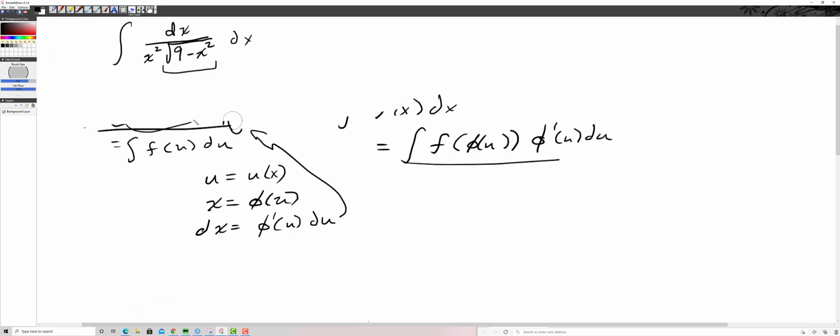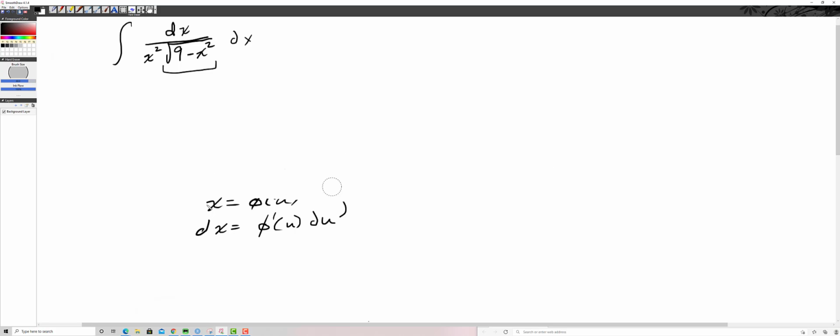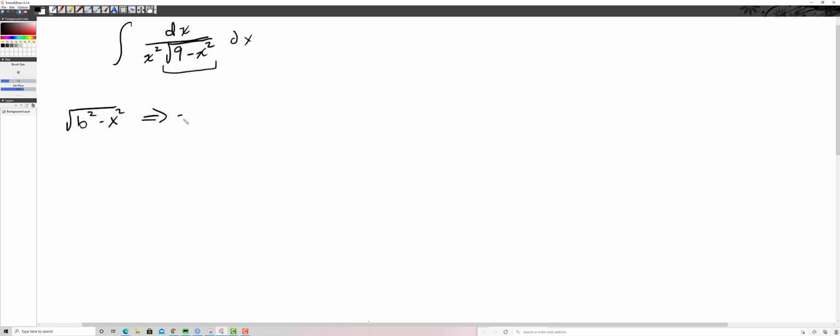But anyway, the reason I go off on that tangent is this is one of the ones where we're going the other direction. Okay? And when you see this little guy right here, the square root of, I'm going to be general here, b squared minus a squared, what you want to do is try the substitution a equals b sine theta.